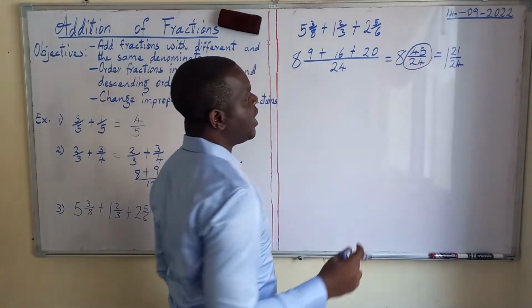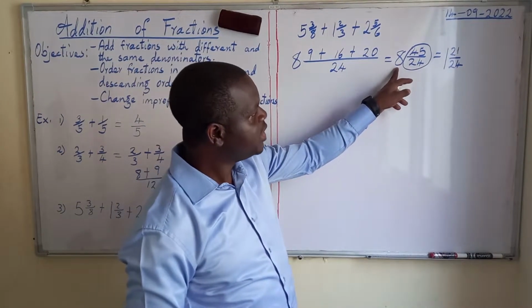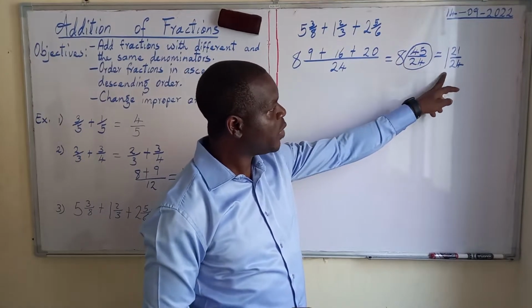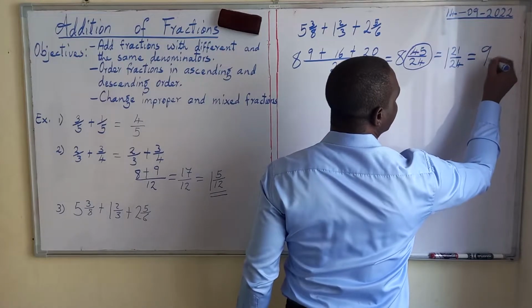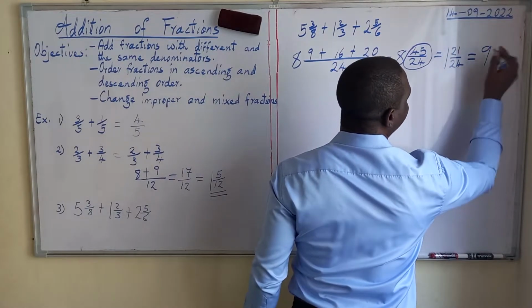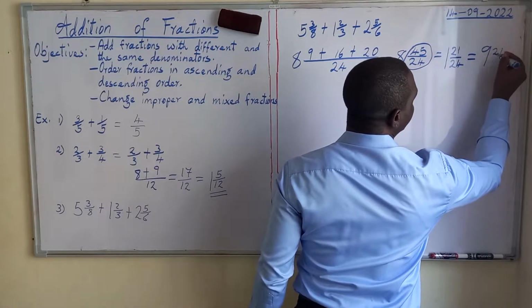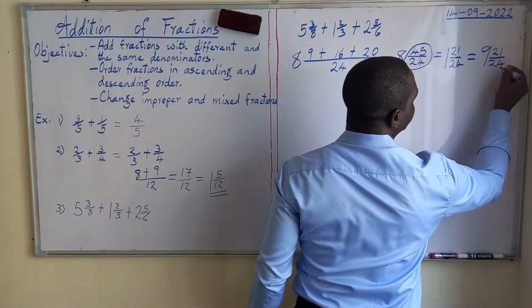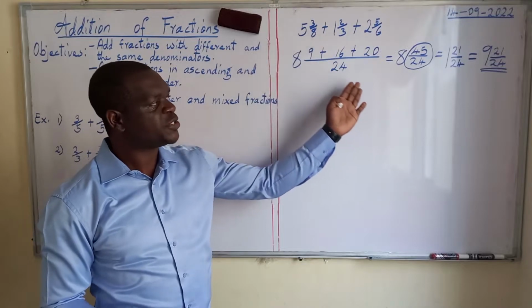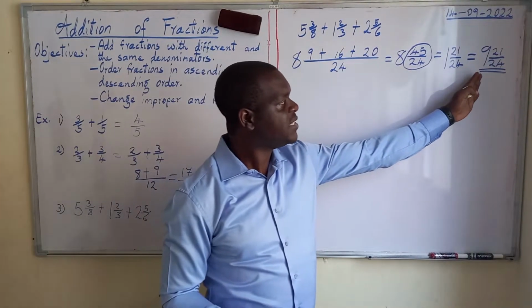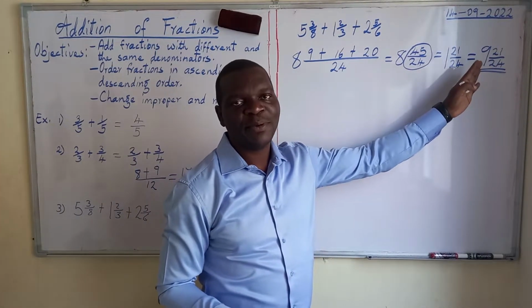Now this will not be our final answer, because there is 8 here. So we have 8 as a whole number and 1 as a whole number. So we add the whole numbers, which will give 9, and we maintain our fraction, that is 21 all over 24. So this is what you do if you find a question as such. You solve until you have it to the lowest term possible.